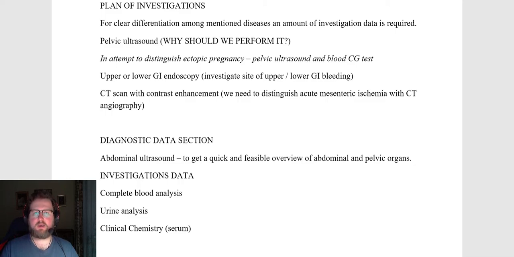And if we are lucky and the appendicitis is at the stage of quite developed disease, we're able to see the inflamed appendix.